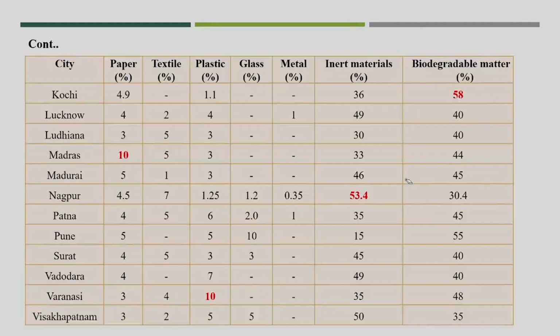In other cities too, like Madras, paper was 10%, plastic only 3%, inert content 33%, and biodegradable concentration was more than 50%.